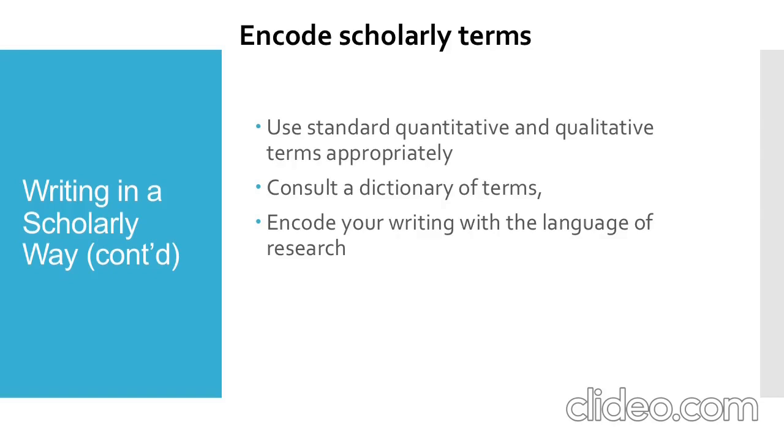For example, calling the sampling random instead of purposeful in a qualitative research shows lack of understanding on the part of the researchers. Therefore, researchers are advised to consult dictionaries of both quantitative and qualitative approaches to have a full understanding of the two types of research.